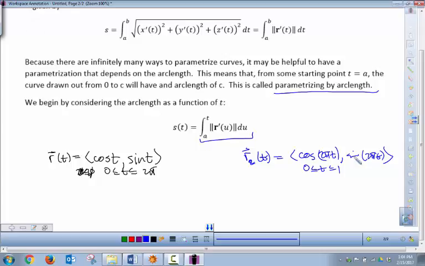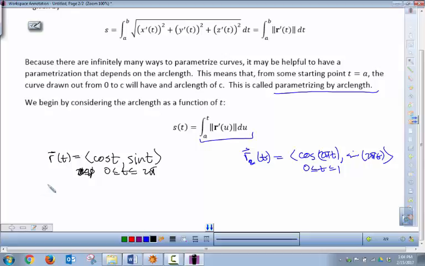So both of these, if you were to graph this in some graphing program or even in your calculators, you'll see that this will both draw the circle. They both parameterize the same thing. So if we want to find the arc length of a circle, we can use either of these formulas.